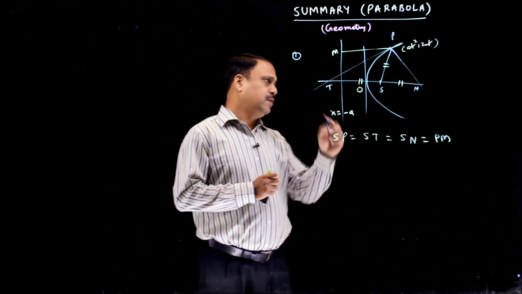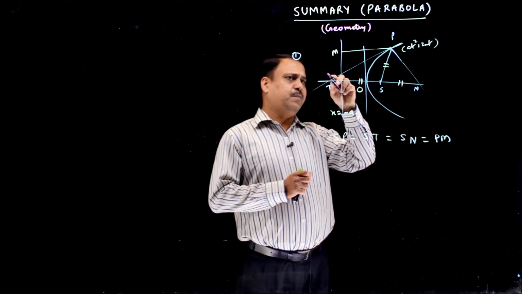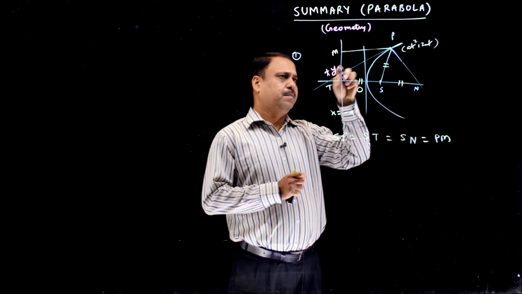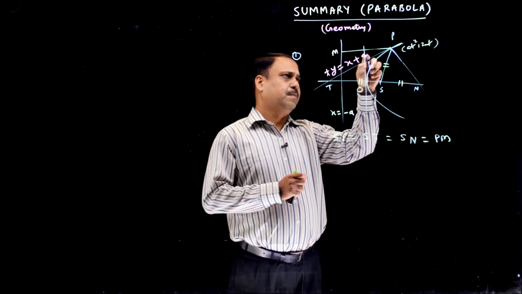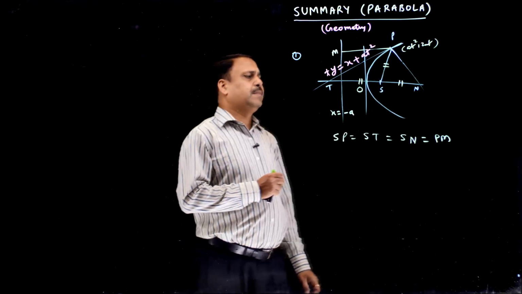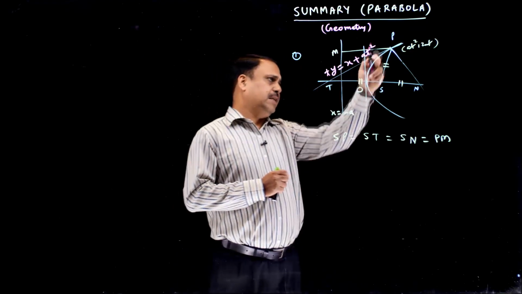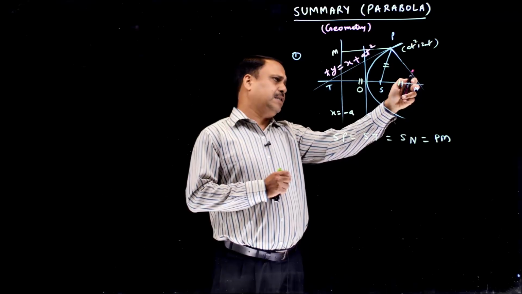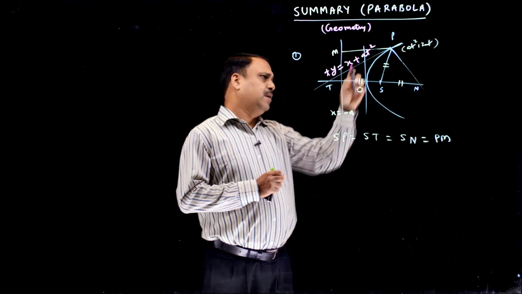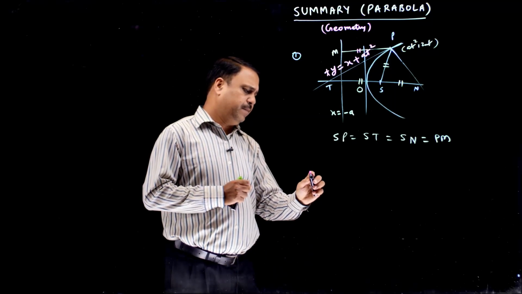Equation of tangent, this line PT: ty is equal to x plus at². So these three distances, SP is equal to ST is equal to SN, and this is also equal to PM. This is the first property.